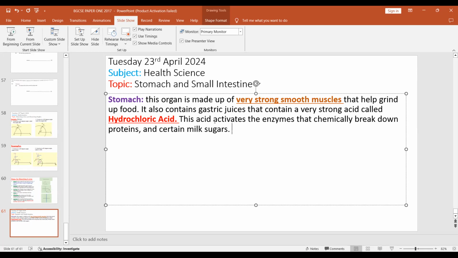Yes, exactly. That's exactly right. So let's write it down. The mucus is able to help protect it, right?